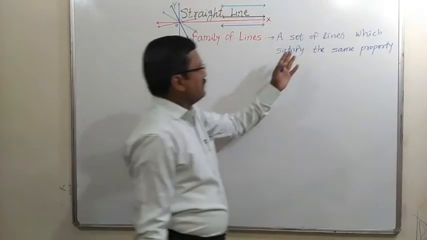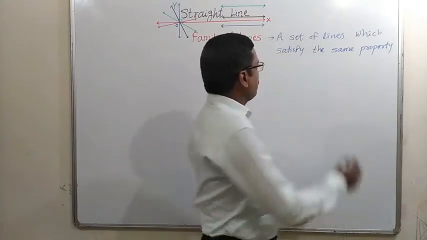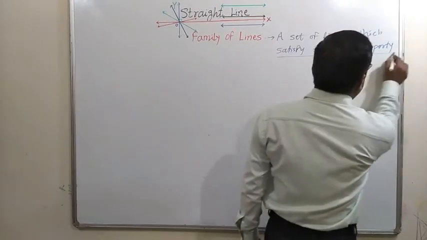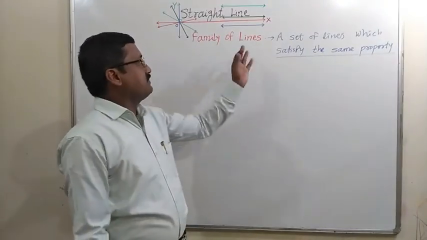In this definition, the condition is given that the set of lines satisfy the same property. But what is that same property? From these words we do not easily understand the meaning of family of lines.